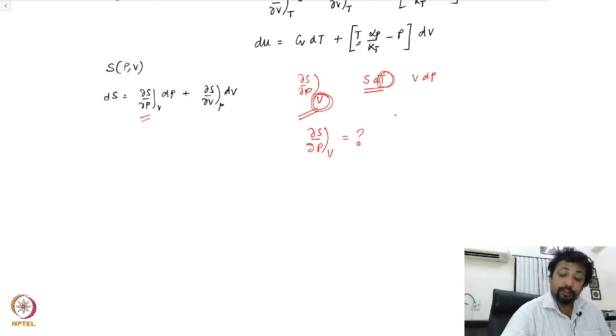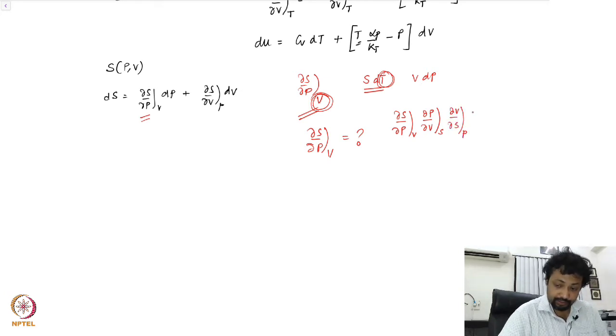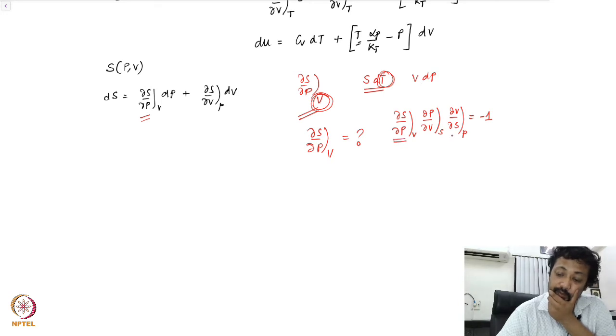One possible way of trying it out is del S del P volume constant, del P del V entropy constant, del V del S pressure constant is equal to -1. So you can relate del S del P with respect to del V del S. But here also you land up in trouble because this derivative is slightly strange. Why?